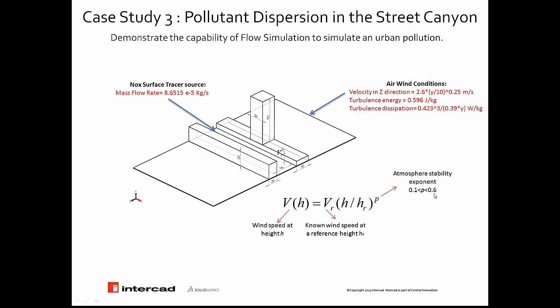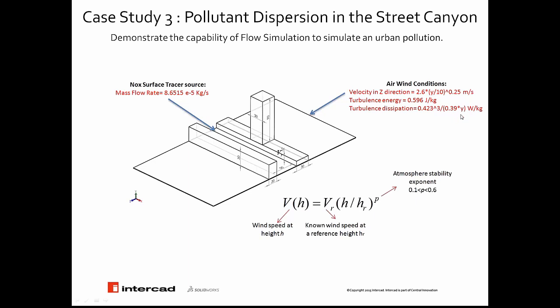That is an engineering approach. Therefore, we define this project to have a wind flowing over those buildings in a Z direction, varied with Y following this formula. Turbulence energy of 0.59 joule per kilogram, and also turbulence dissipation again dependent on the Y value.